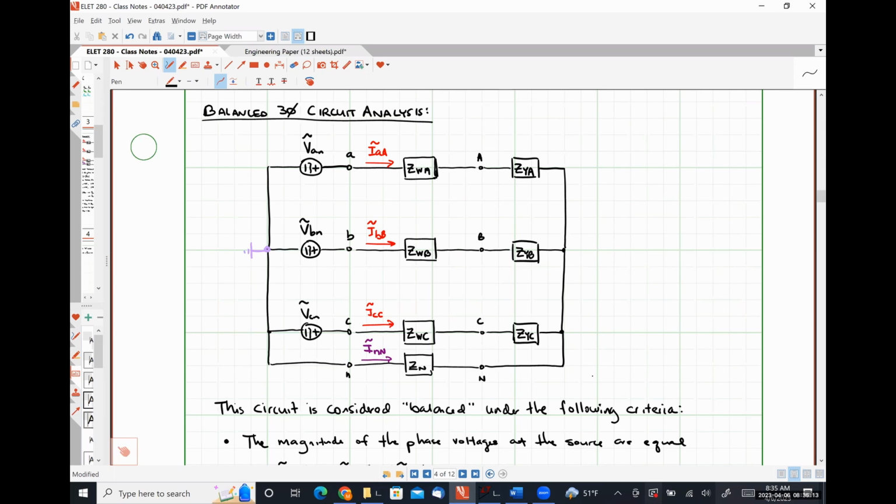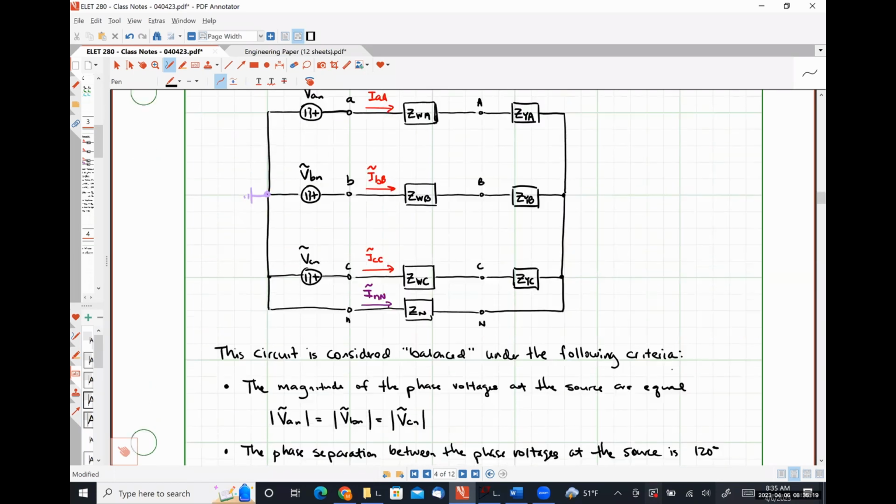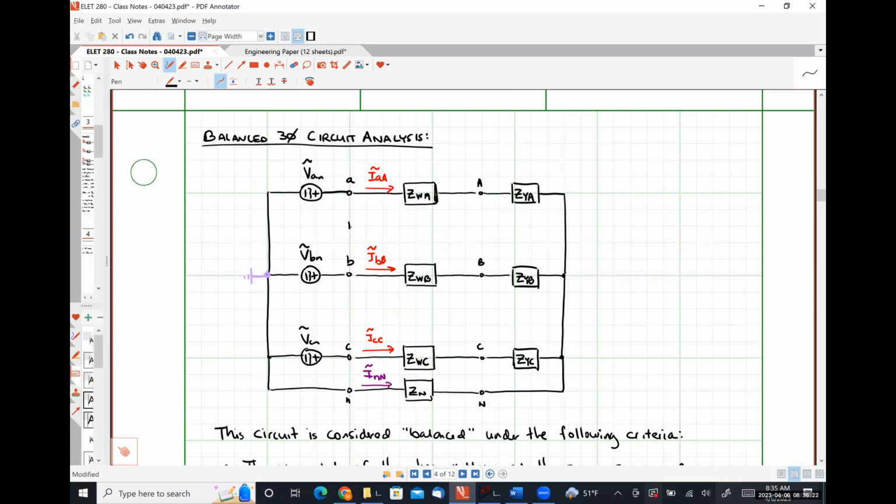Okay? So using Kirchhoff's voltage law, we could say that the voltage drop from here to here is what we're interested in, right? So I have VAN minus, let me write this correctly, capital N to lowercase n.